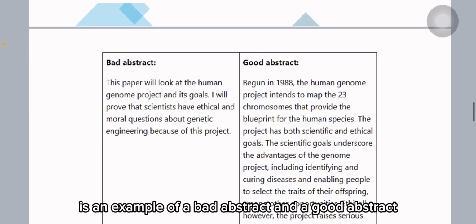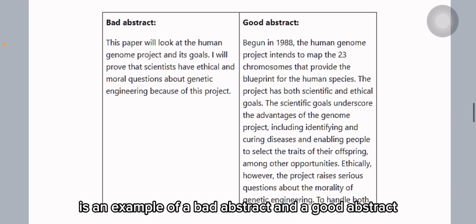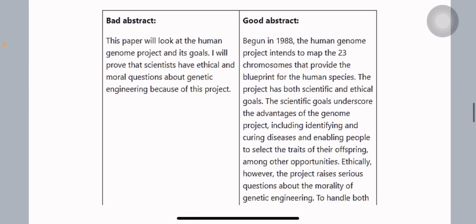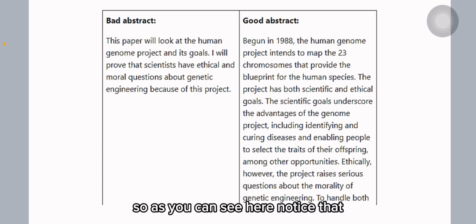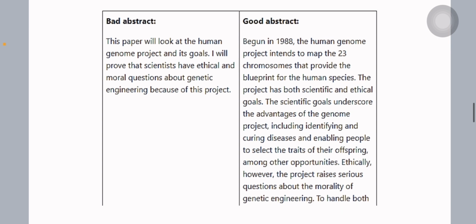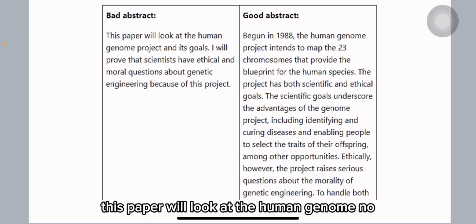So here is an example of a bad abstract and a good abstract. Look at the example. Take time to read it. So as you can see here, notice the bad abstract, this paper will look at the human genome.